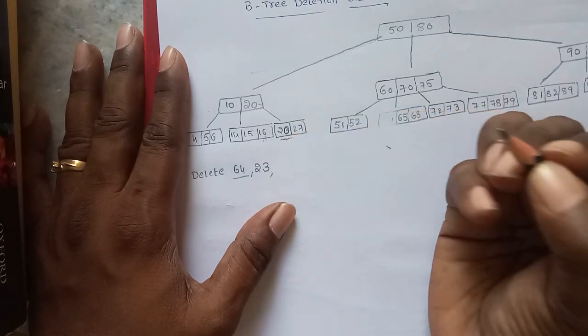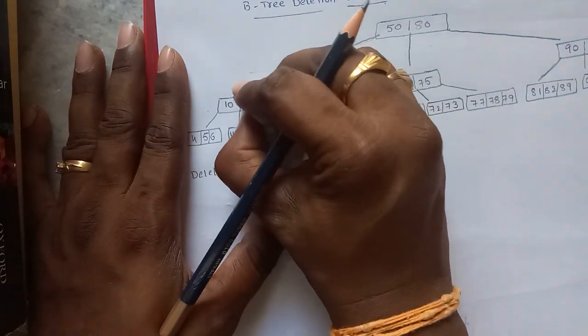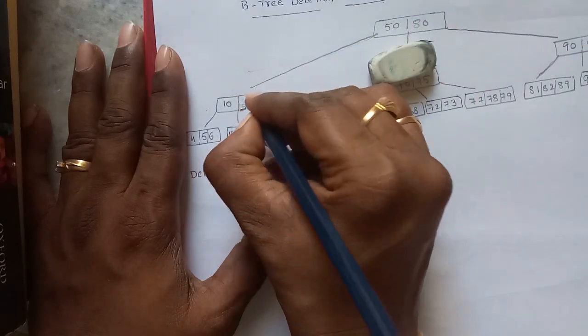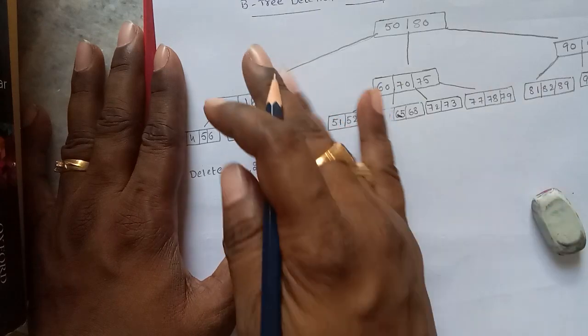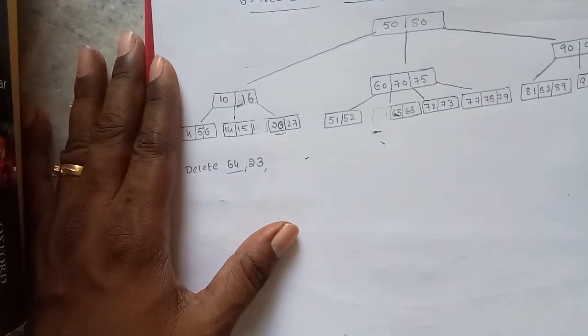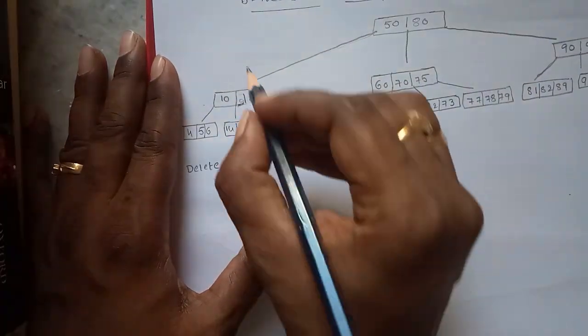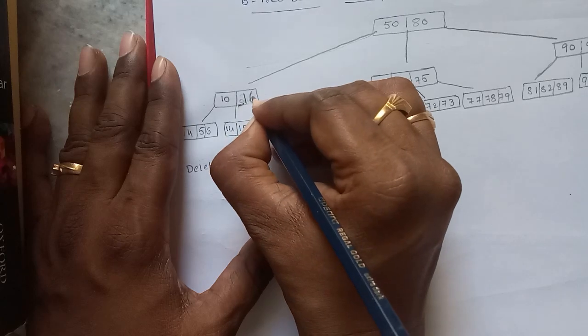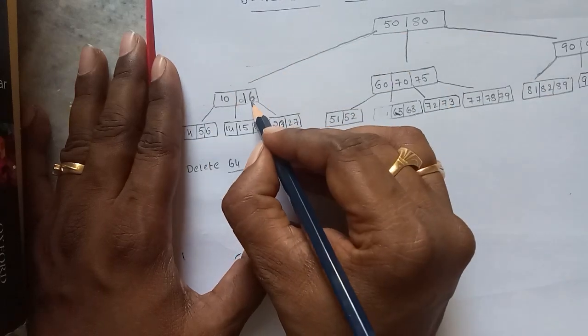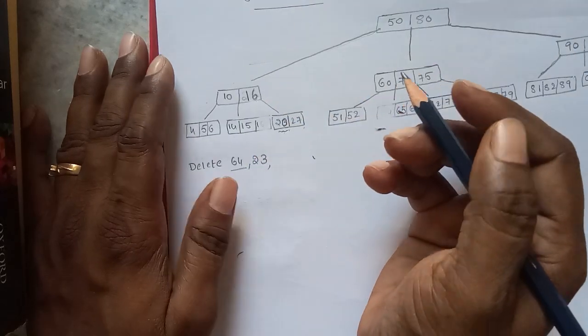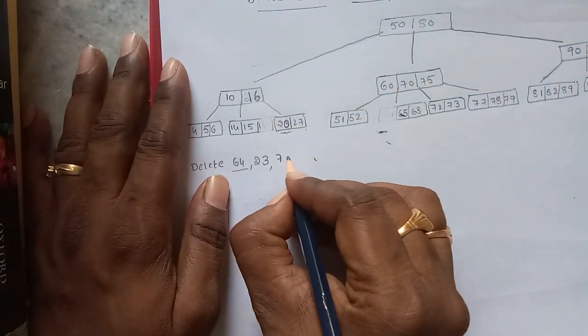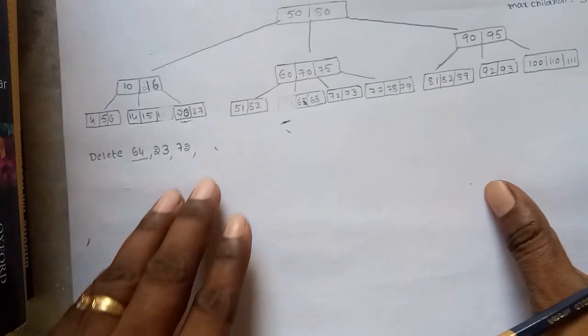So this becomes 20 and this is 16, and 16 is removed from this node. Check each and every case: it satisfies the binary search tree property, that is 16, 20 and 27 are greater than 16. Now remove an element 72.